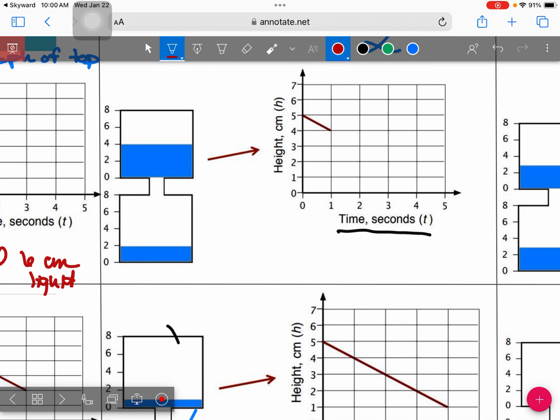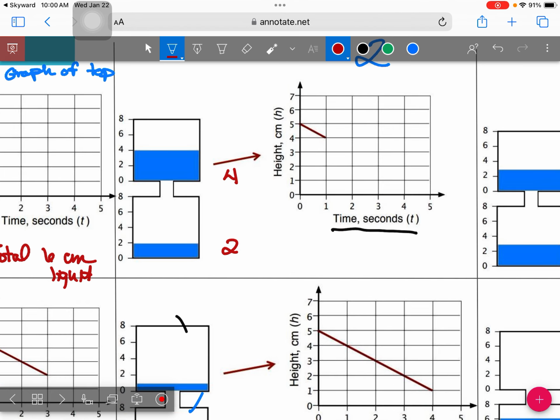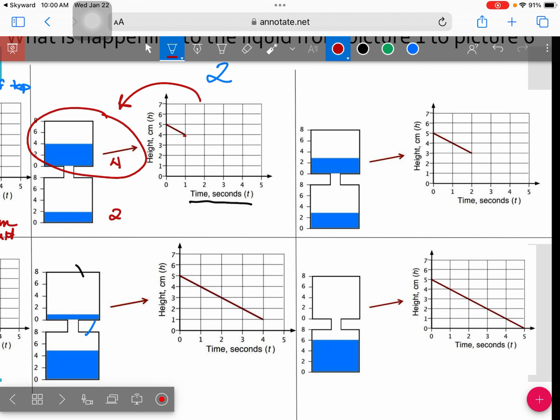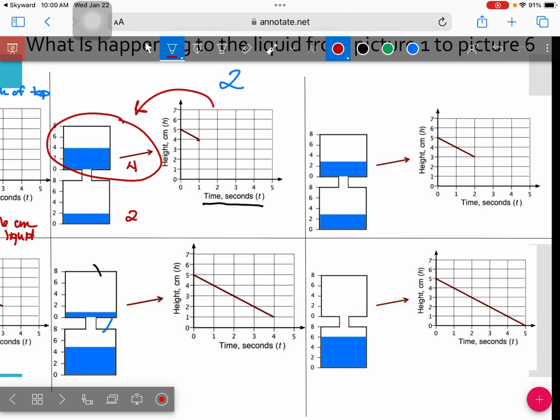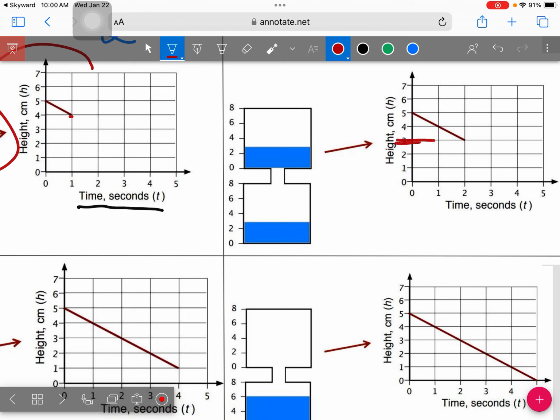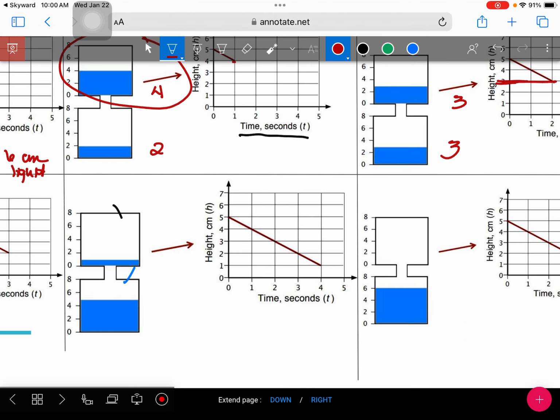All right, so here I have 4. Here I have 2. After 1 second, we're down to 4, because remember, this graph is only talking about the top part of this tornado tube. Okay? After another second goes by, we are down to 3, a height of 3 right here. So we have 3 and 3.